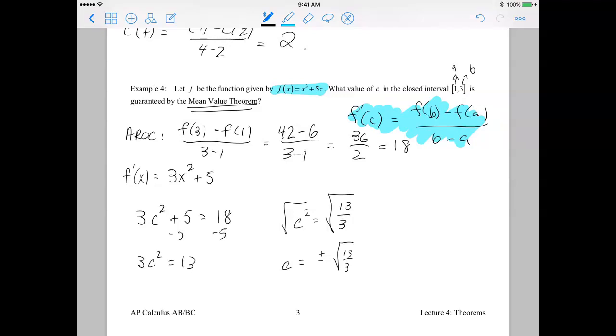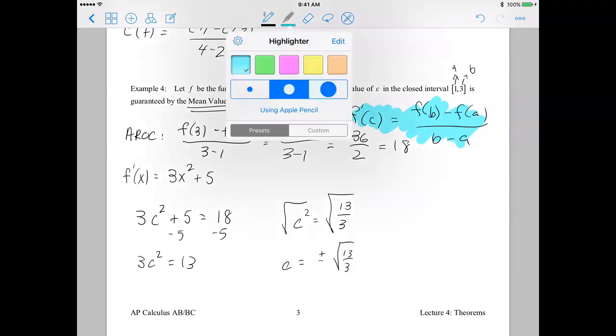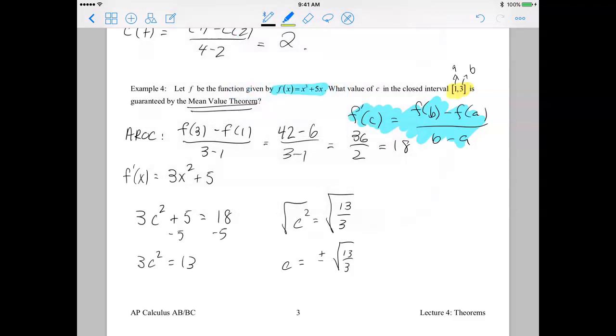But in this case, we're only going to take the positive square root of 13 over 3, because if you look back at the interval that was given to us, negative square root of 13 over 3 is not on that interval, and so that is not necessarily guaranteed by the mean value theorem. So my final answer is just going to be c is equal to the square root of 13 over 3.